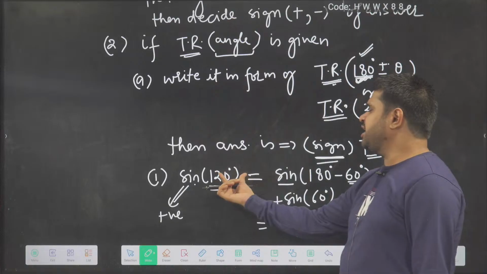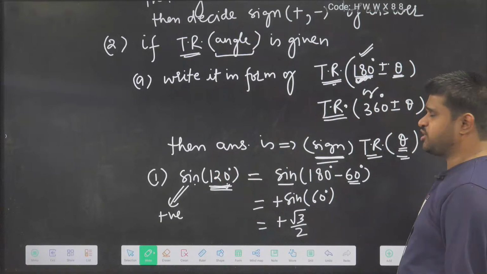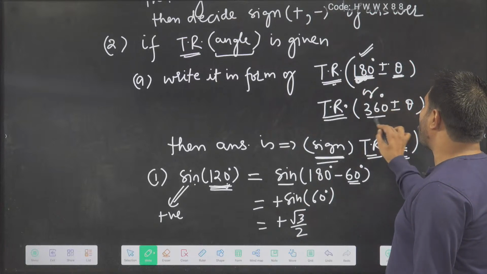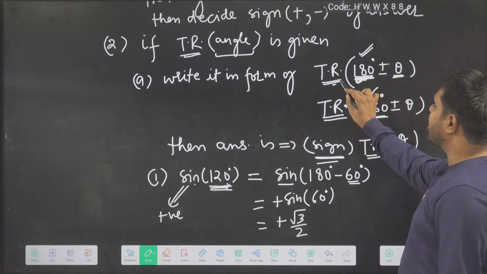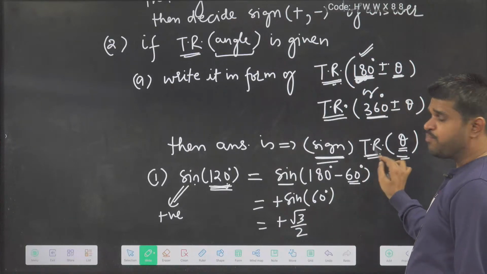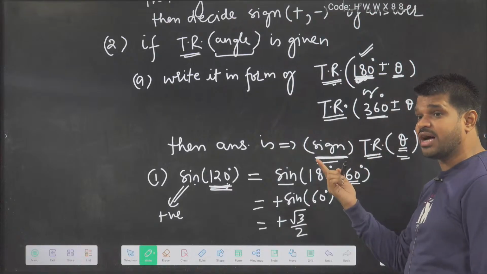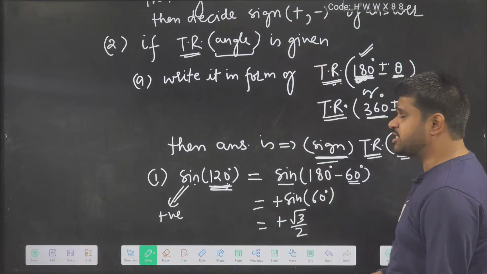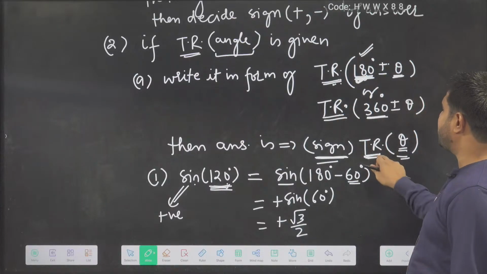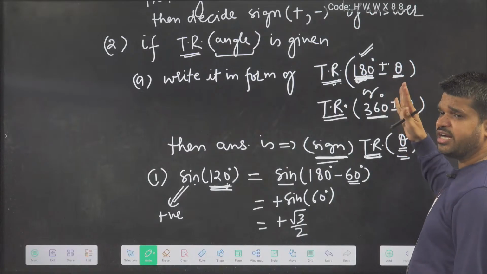So 120 can be written as 180 minus 60. Whatever ratio is written, the same ratio is copied here. First comes the sign of the answer that you decided in the first step. Then the same trigonometric ratio comes and you just paste the angle. Whether it is positive or negative doesn't matter.